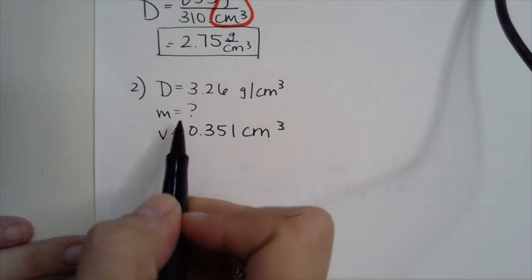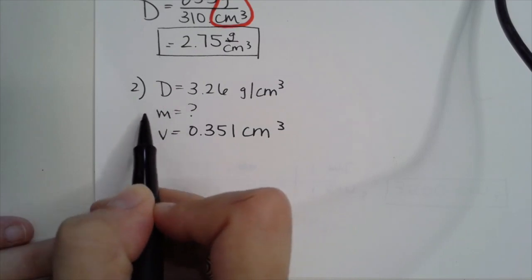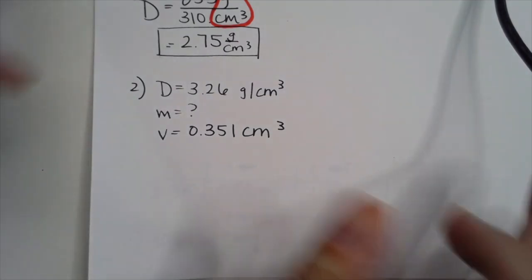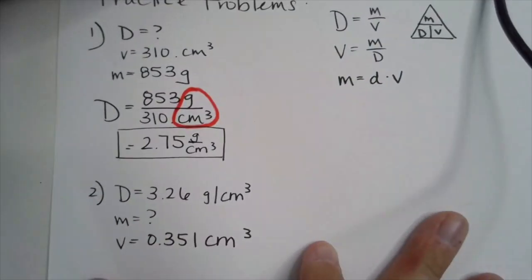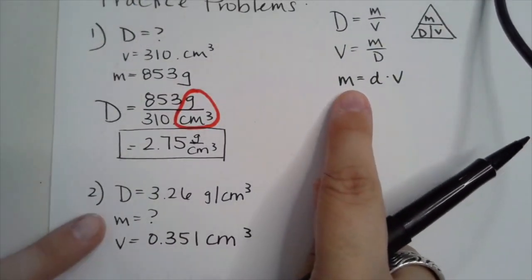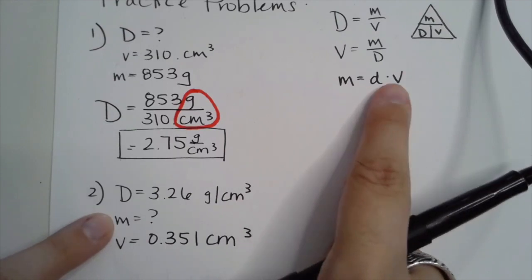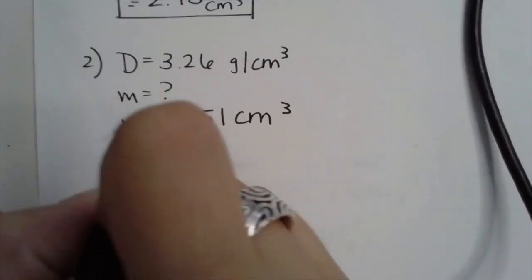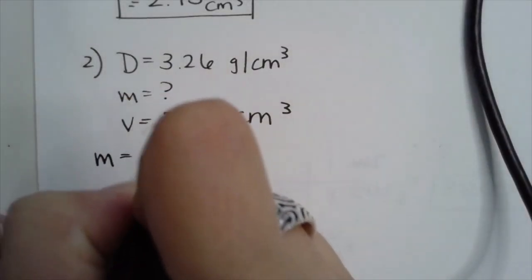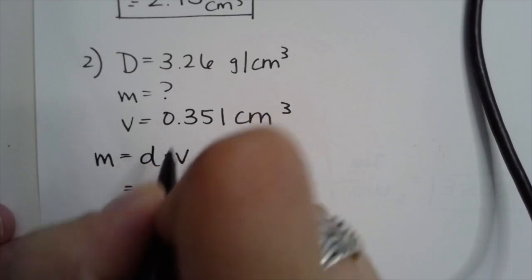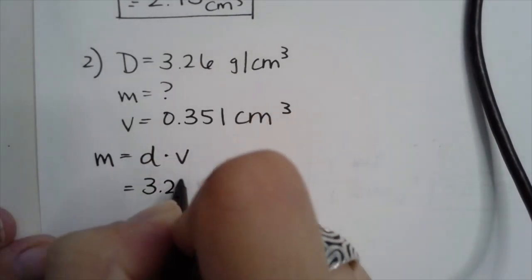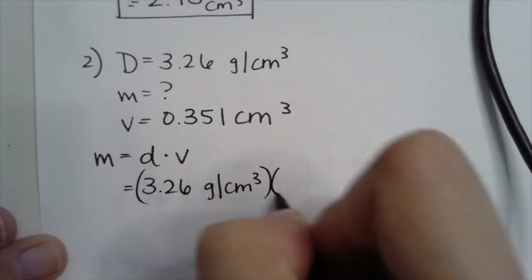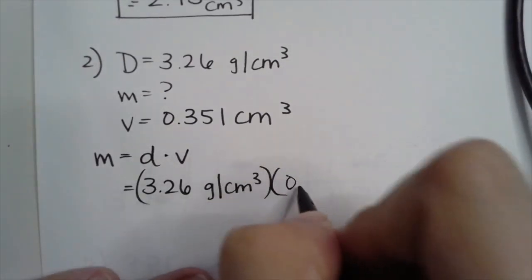Rather than racking your brain trying to figure out what to do with these numbers, use the triangle. You'll see that if you want to find the mass, you have to multiply the density times the volume. So let's go ahead and do that. M equals D times V. The density is 3.26 grams per centimeter cubed. Multiply that by the volume.